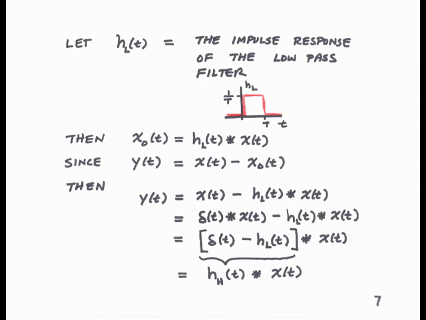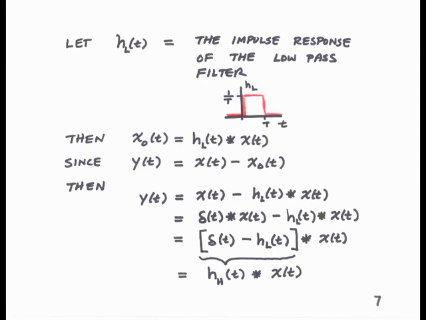And since y of t is x of t minus x0 of t, we can now do a bit of algebra. We'll recall that if we take a Dirac delta and convolve it with a signal, we get the same signal. So x of t is the Dirac delta convolved with x of t. That allows us to group terms here in the bottom part of the equation. We find y of t is the quantity delta of t minus h sub l of t, convolved with x of t.